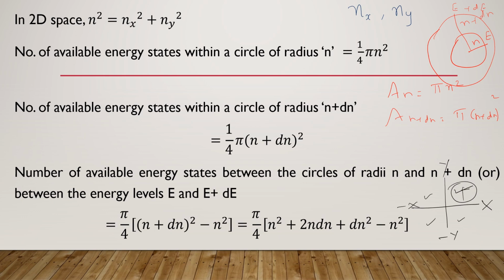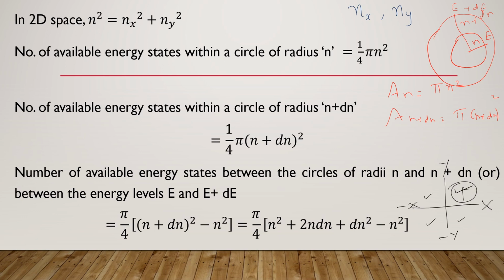Therefore, the number of available energy states within a circle of radius n is pi n square multiplied by 1 by 4 for the positive integer values. Similarly, for the second circle also, it is multiplied by 1 by 4.